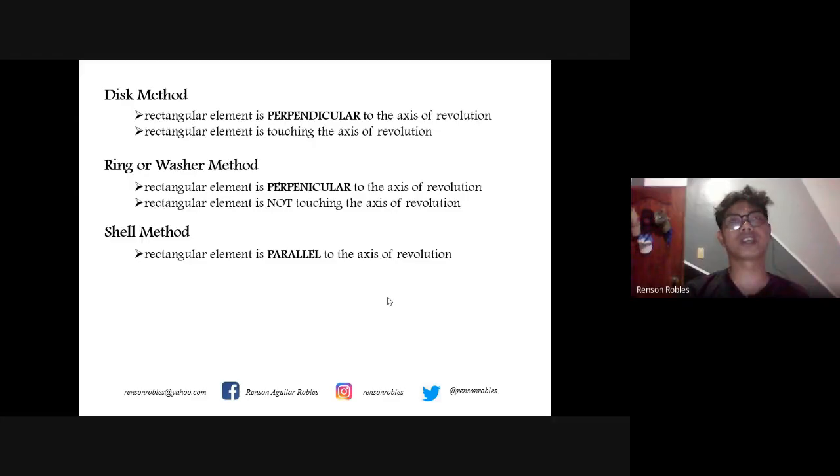And then after which, you compare it to the axis of revolution. Is it perpendicular? Is it parallel? If it is perpendicular, is the element touching or not? If it is touching, you use this method. If it is not touching, you use the washer method. If it is parallel, regardless whether it is touching or not, you use the shell method. Clear?